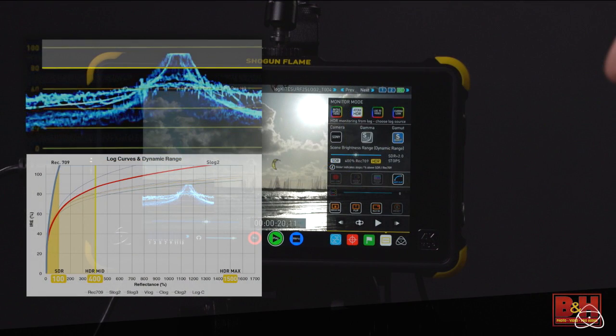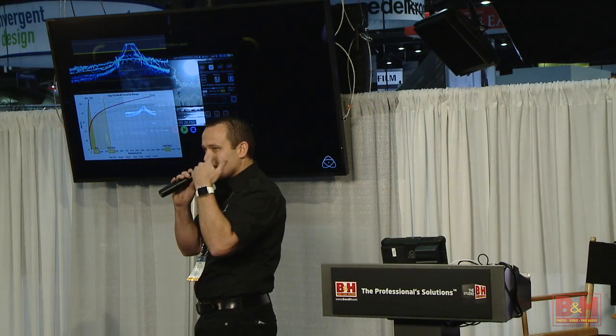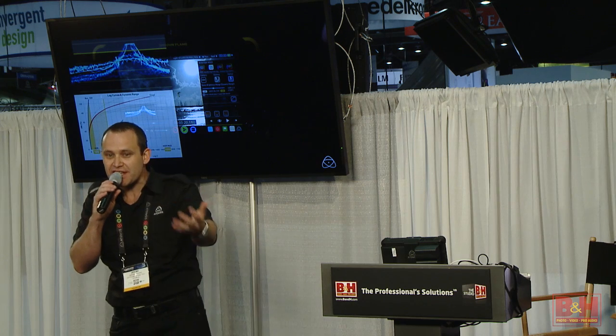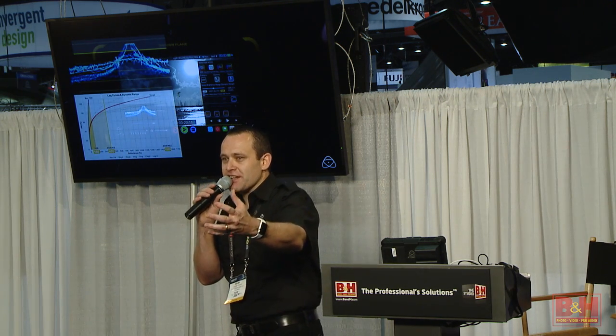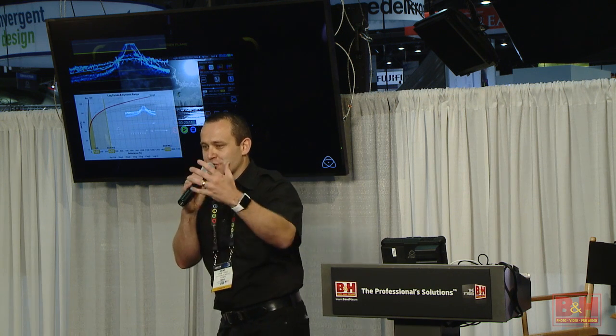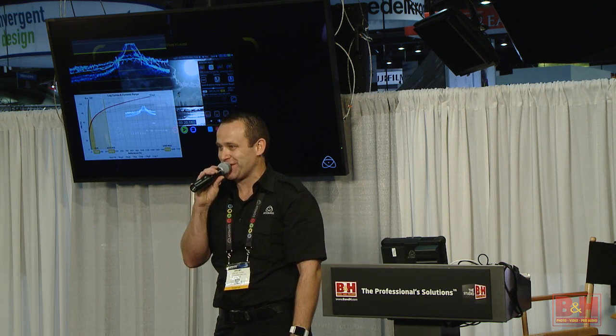I go halfway, and now my sun is starting to resolve. It's starting to look like what I'm looking at. High dynamic range, high brightness range is exactly how the eye sees. That's why it's so revolutionary. When you see it, you're like, wow, that's what I saw. I'm one of those guys that sees the sunset, wants to capture it, and then gets really disappointed when he can't see what he saw at the time.